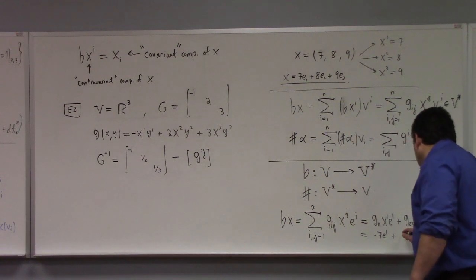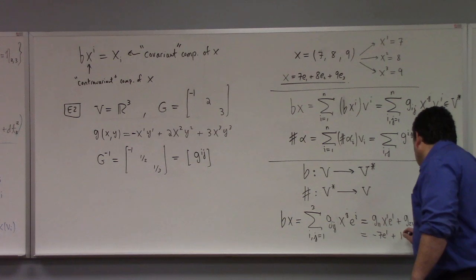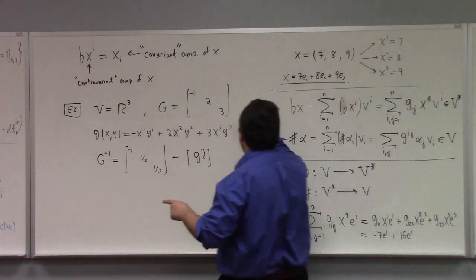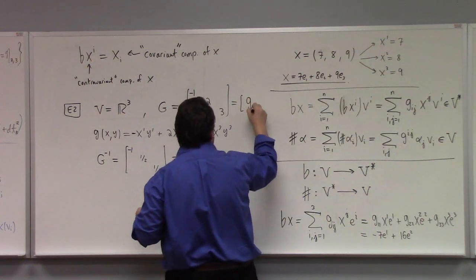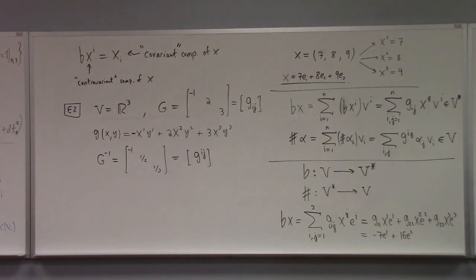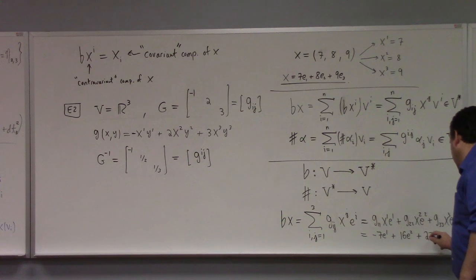Is G lower ij the components of the G matrix? Yes, that is our definition. And then this is 9 times 3, which is 27 e3.